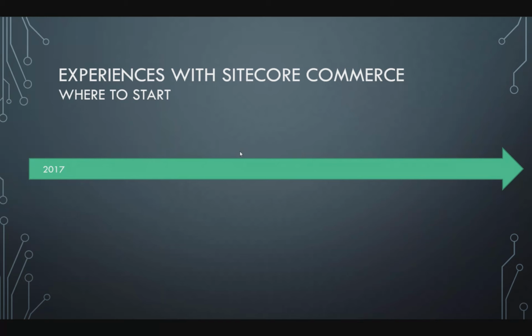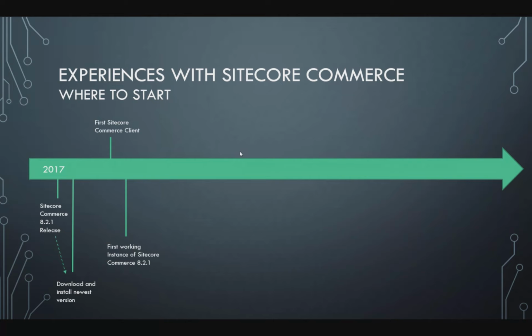So in 2017, Sitecore released commerce version 8.2.1, and it was really completely new. It was nothing like what was there before. So I decided to have a look, to download it, to install it, to play around with it. Shortly after that, we also, as a company, got our first new client with Sitecore Commerce.